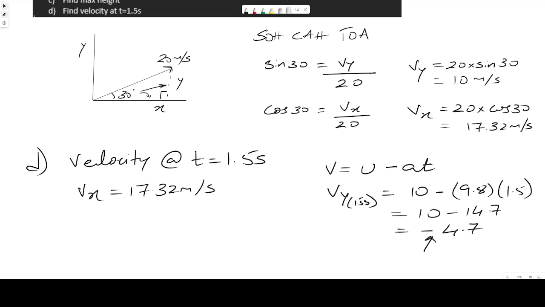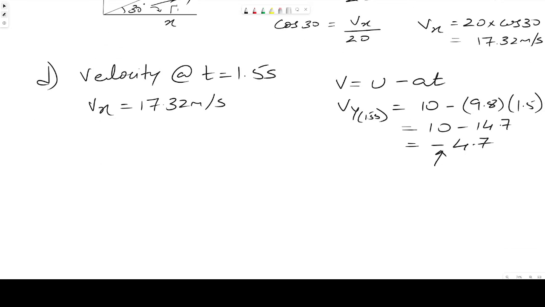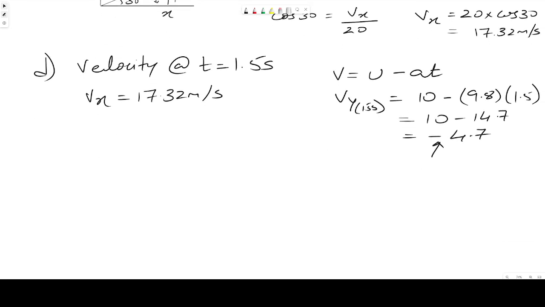What this negative sign denotes is that the ball is going downwards, because we denoted that going up in the initial case was positive, so going in the opposite direction, velocity is negative. So I have my Vx and Vy. If I were to draw out a parabola, let's say this is at 1.5 seconds.